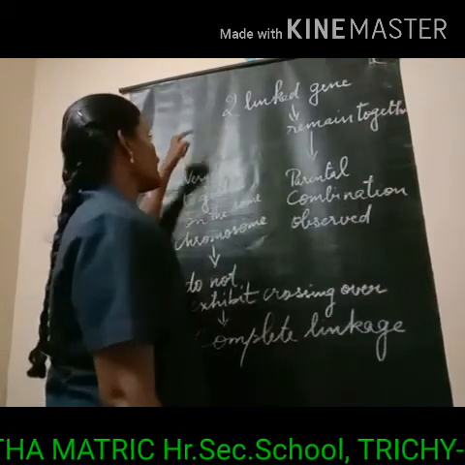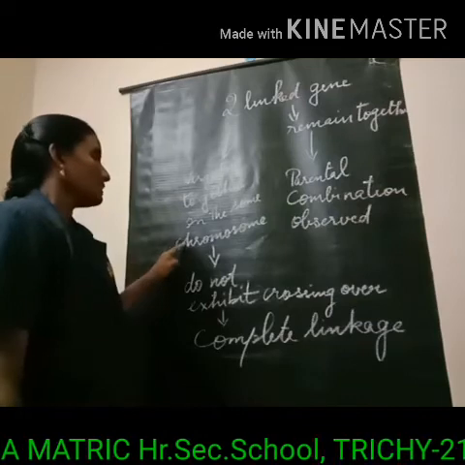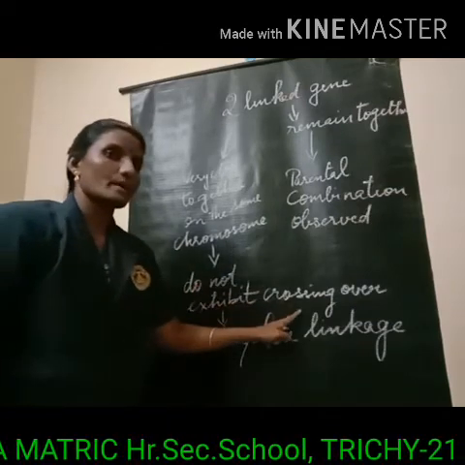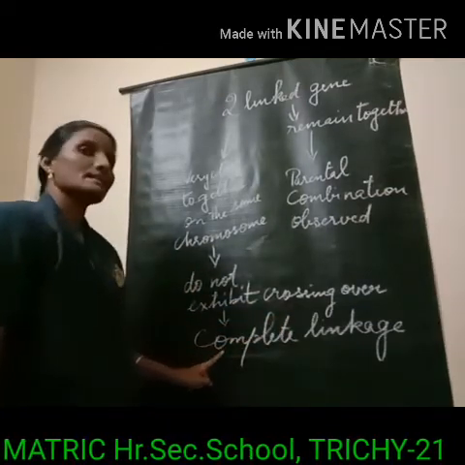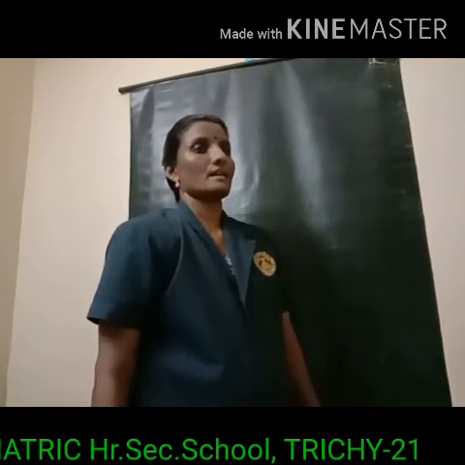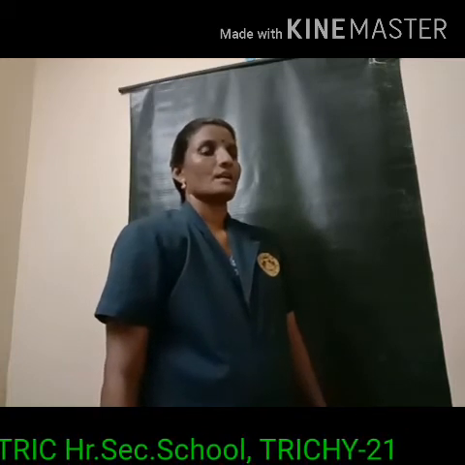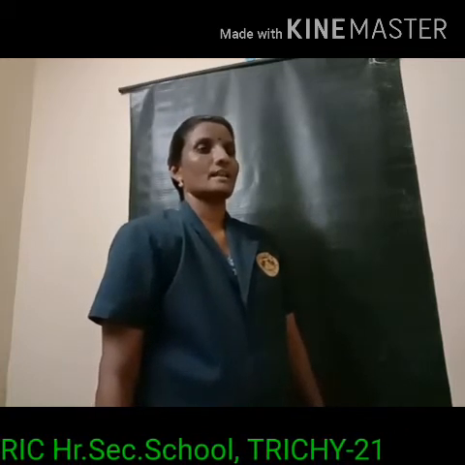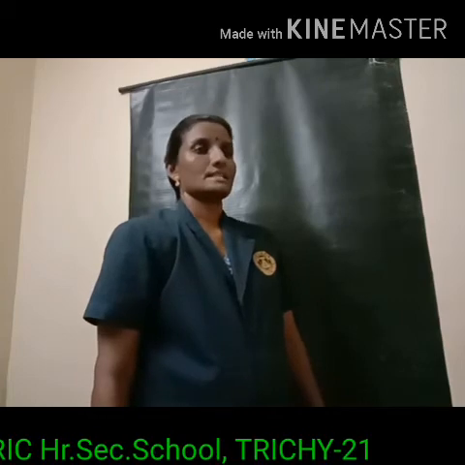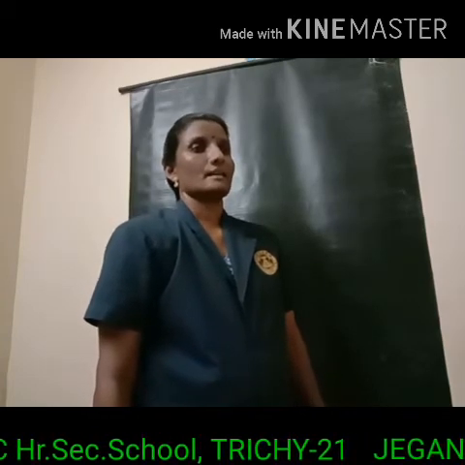Complete linkage is rare but has been reported in male Drosophila. C.B. Bridges in the year 1919 discovered that crossing over is completely absent in some species of male Drosophila.